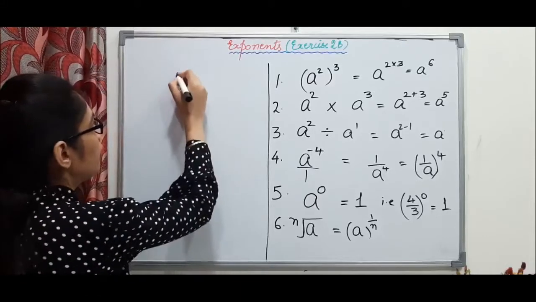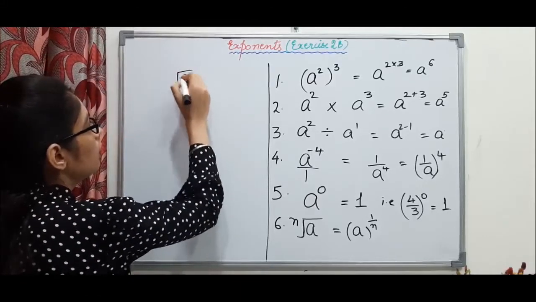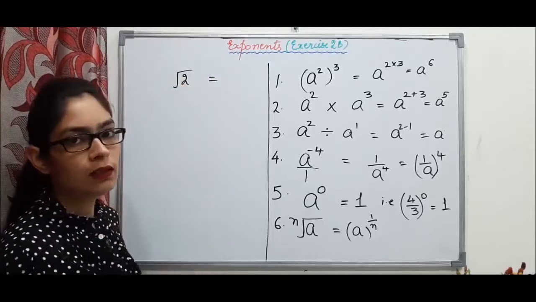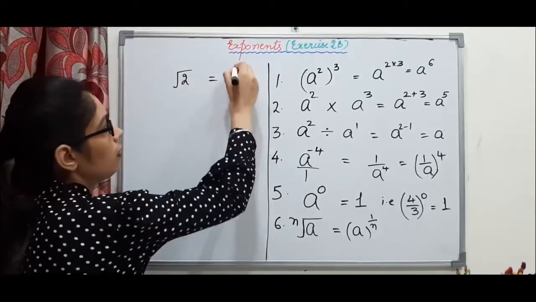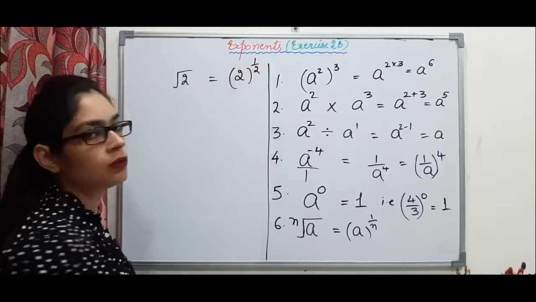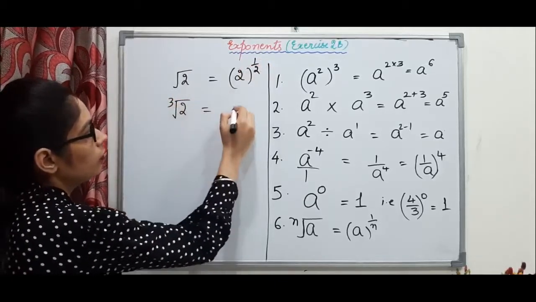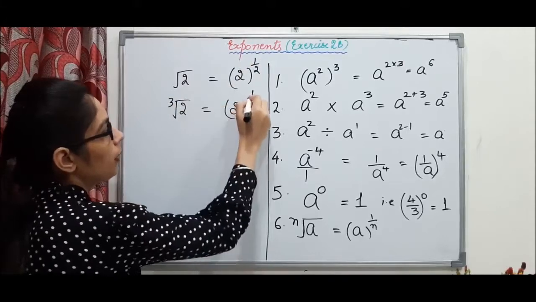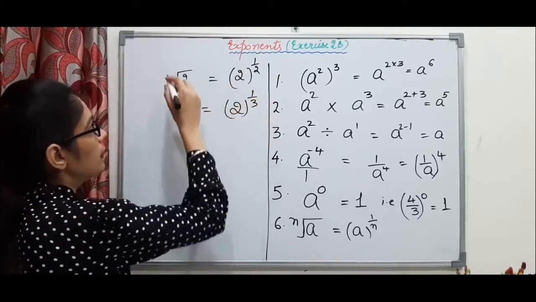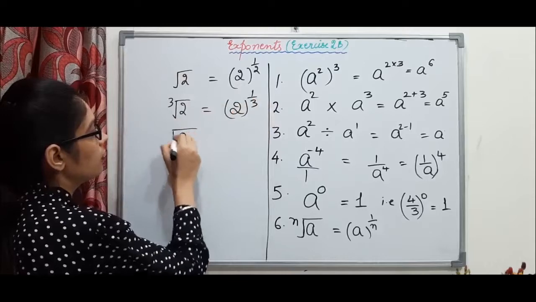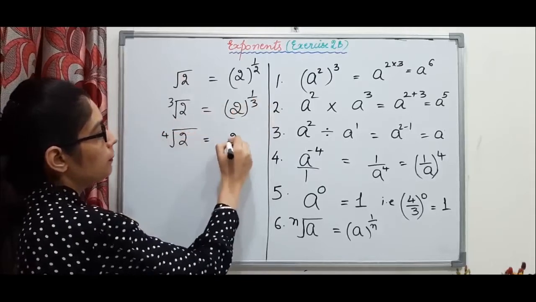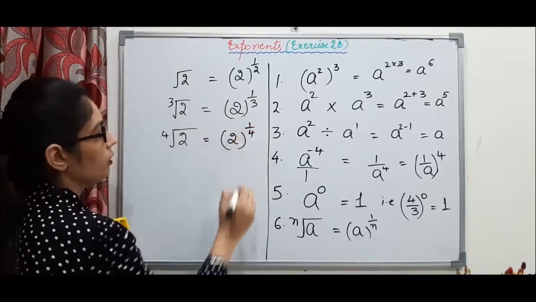See, if I have this one, nothing is written, so that means it is 2 to the power 1 by 2. If here 3 is written, it will become 2 to the power 1 by 3. See, these numbers are the n. If 4 is written, it will become 2 to the power 1 by 4.